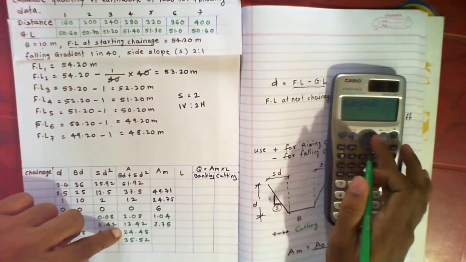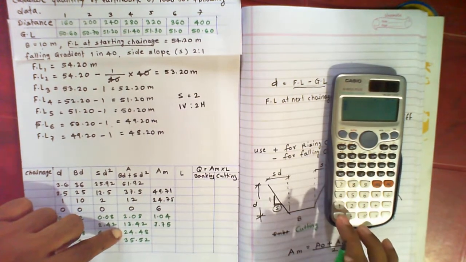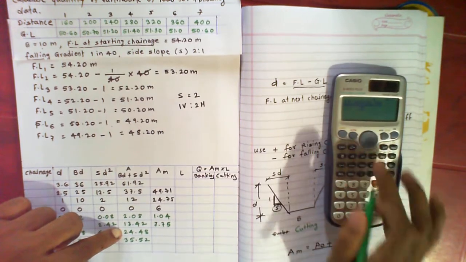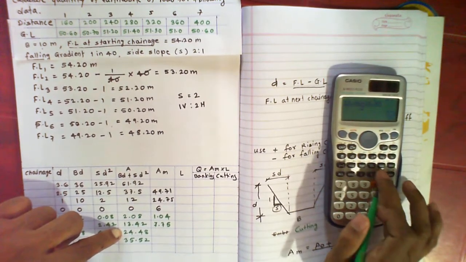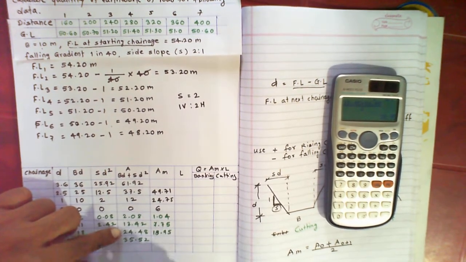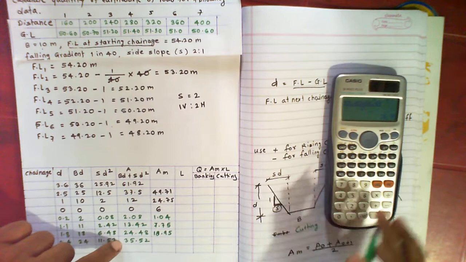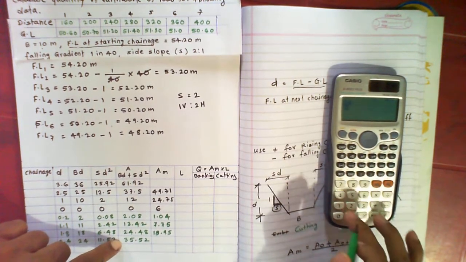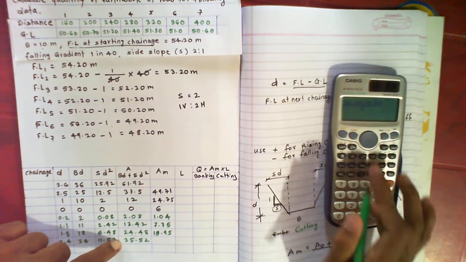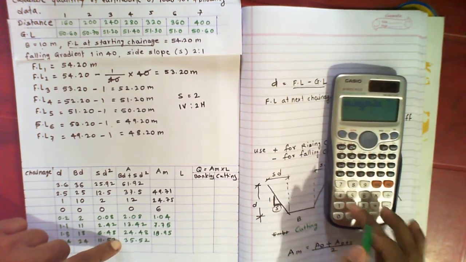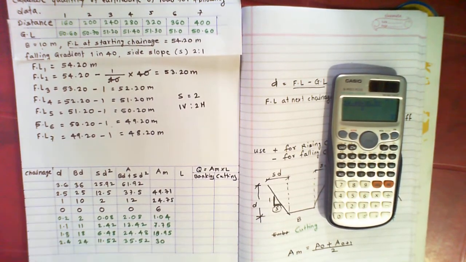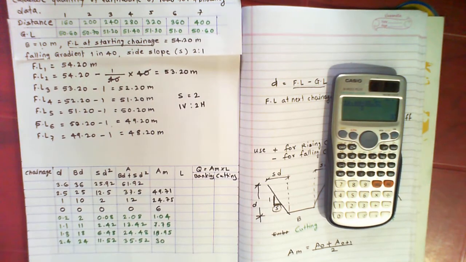Next 13.42 plus 24.48 divided by 2, answer is 18.95. And last one 24.48 plus 35.52 divided by 2, answer is 30. So these are mean areas.